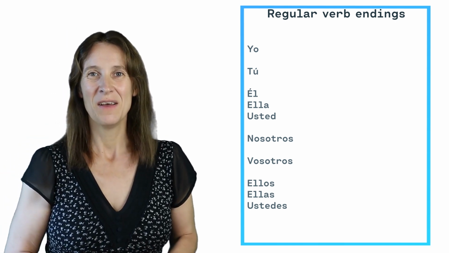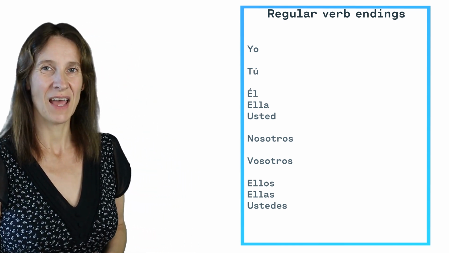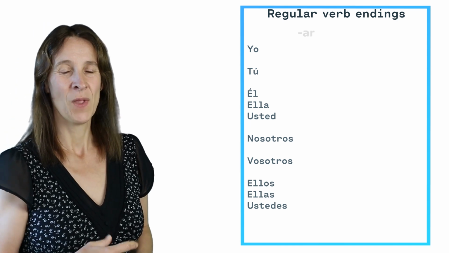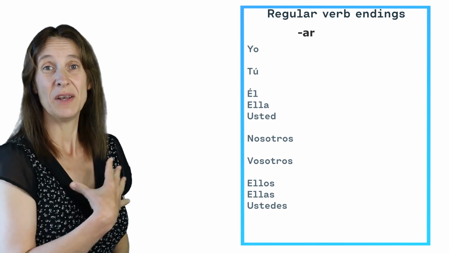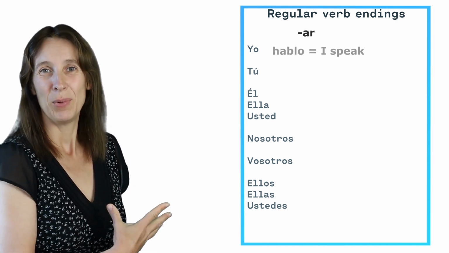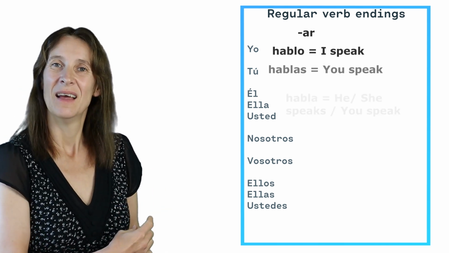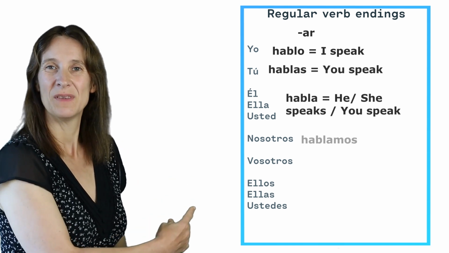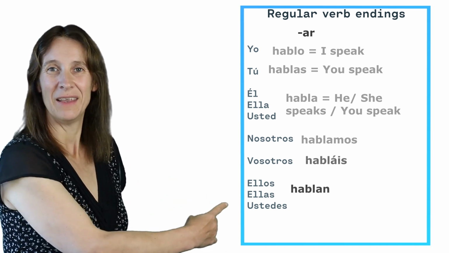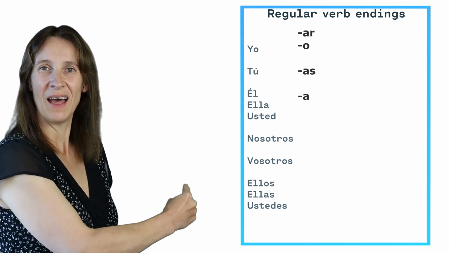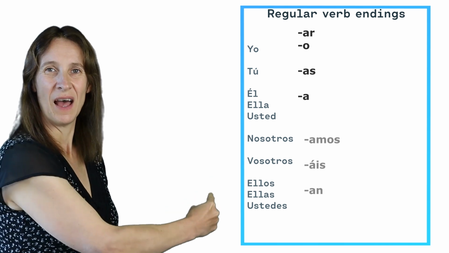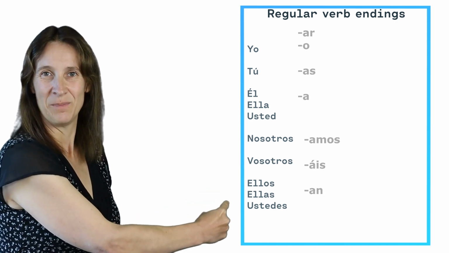These are the regular AR, ER and IR endings. For AR verbs, it's yo ends in o. Yo hablo. Hablas, habla, hablamos, habláis, hablan. So we have that. O, as, a, amos, áis, an.